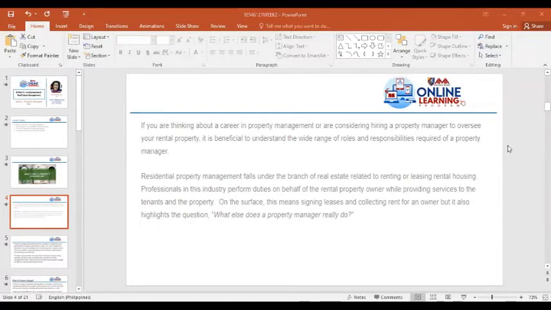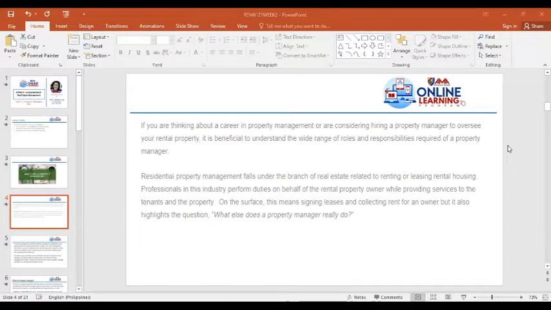So residential property management falls under the branch of real estate which is related to renting or leasing rental housing. Professionals in this industry perform duties on behalf of the rental property owner while providing services to the tenants and the property.